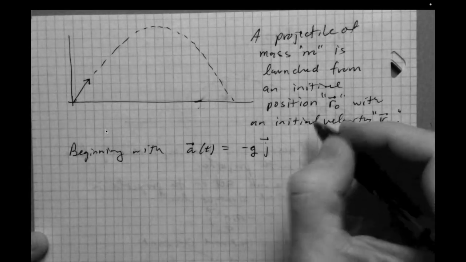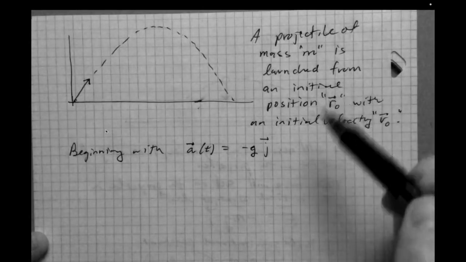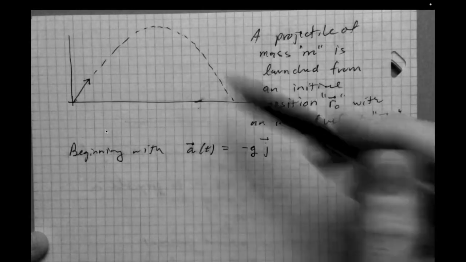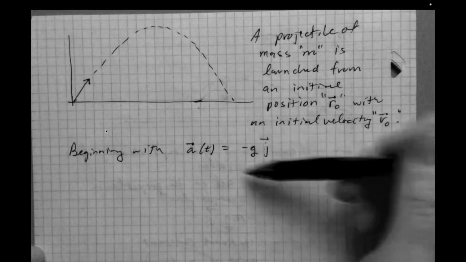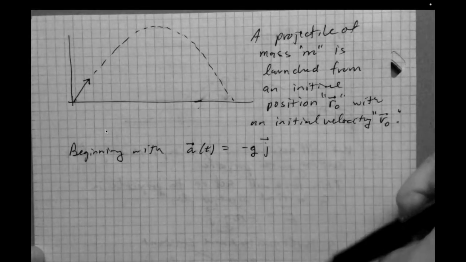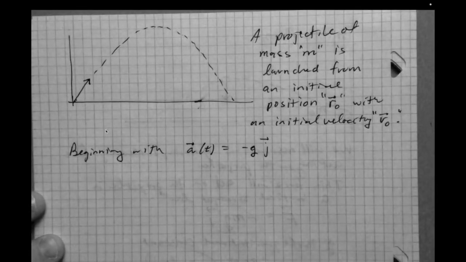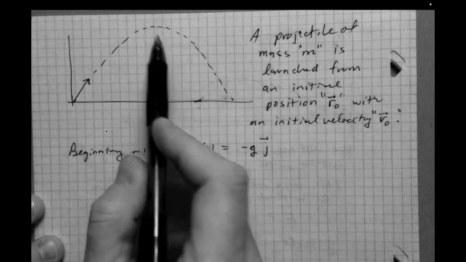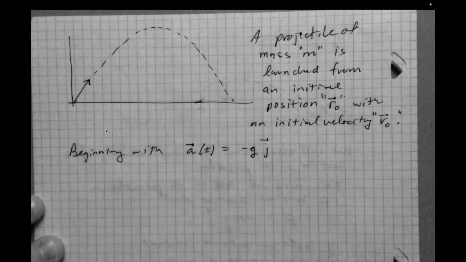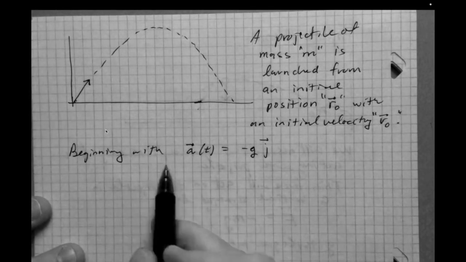The only acceleration operating here is the acceleration due to gravity, and it's constant. The velocity will not be constant, and the position will obviously not be constant, but the acceleration is constant. It's always pulling down on the particle. So that's what we're going to start with.